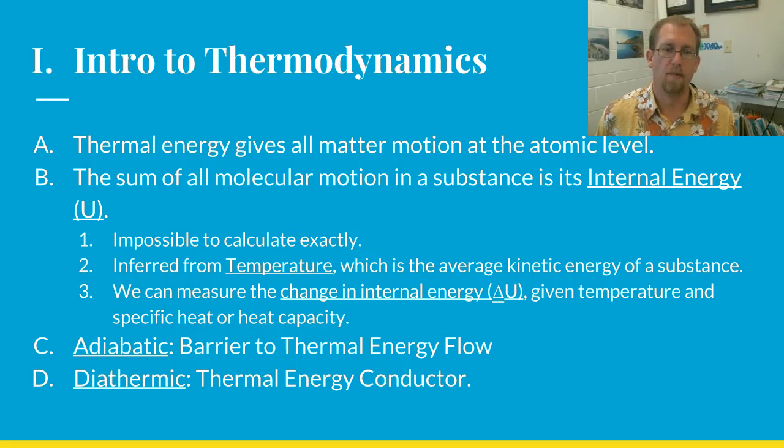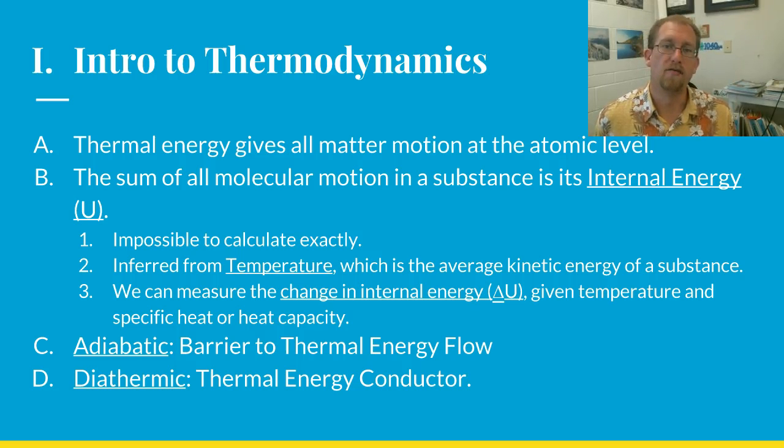When we talk about how much energy something has internally, it's hard to describe, but the best we can do is to look at how that energy changes. Total internal energy, we use a capital U to represent that in equations, but it's impossible to know at any particular moment in time how much every atom or molecule in a substance is moving. That's just too much data to gather at one time.